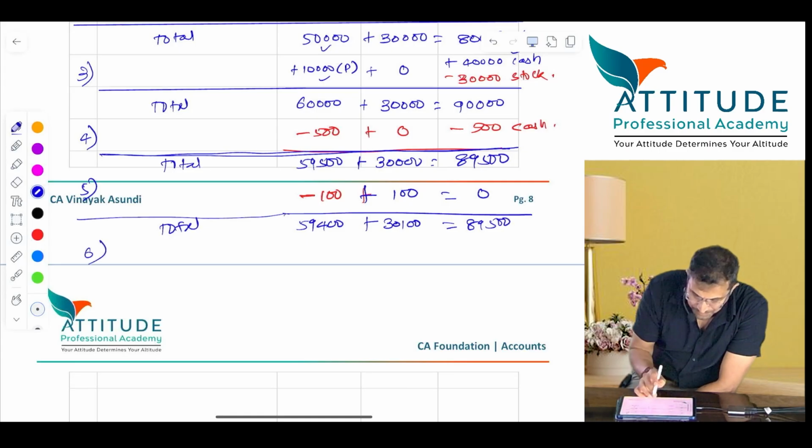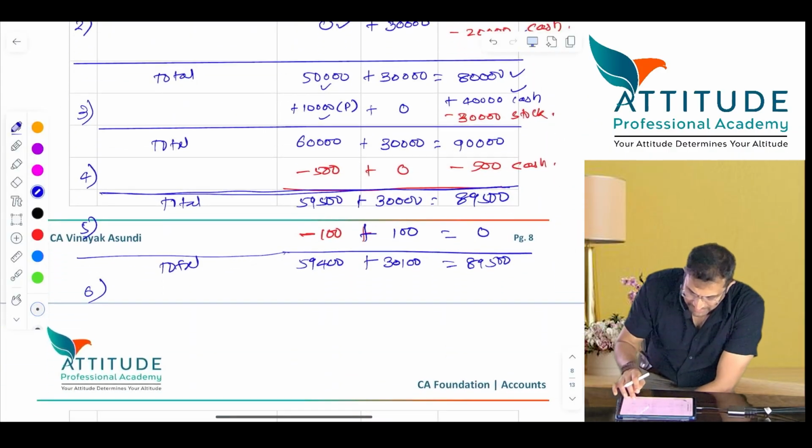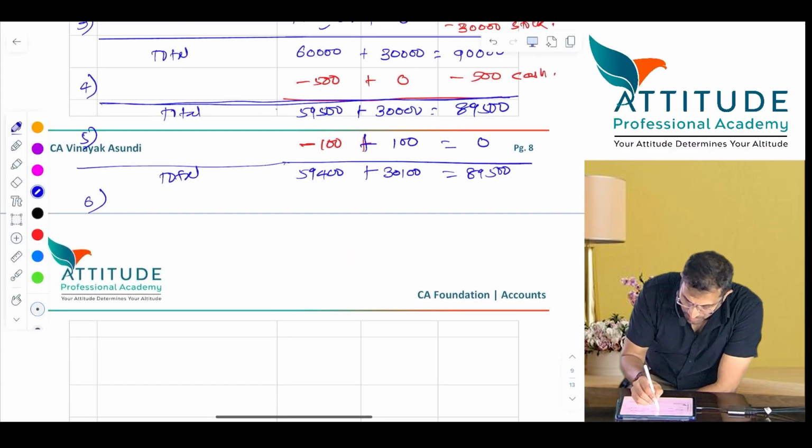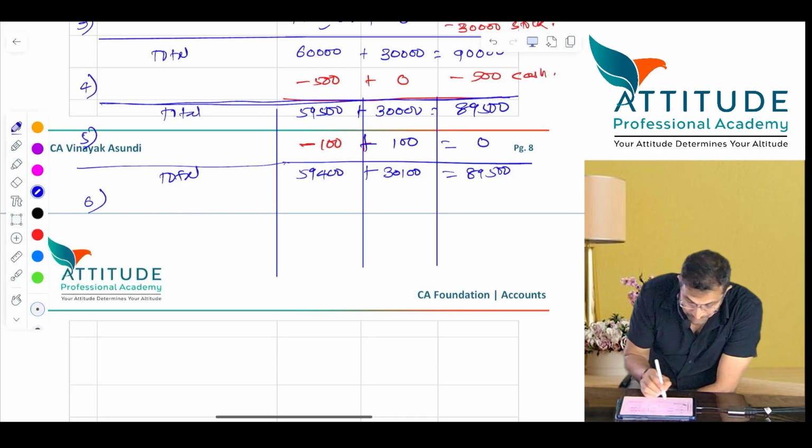Sixth, bought furniture on credit. Tell me, bought furniture on credit. बोलो. Asset increased by how much? 5,000. Correct? Plus 5,000 furniture. Liability increases. Plus 5,000 liability. Correct?